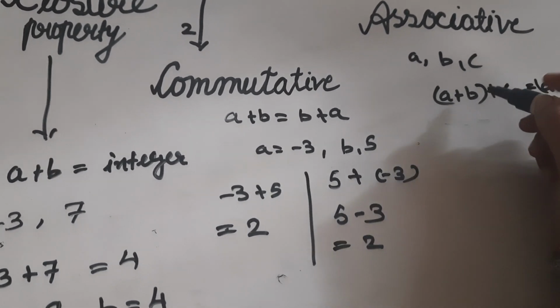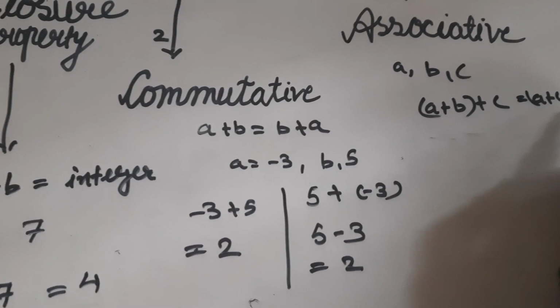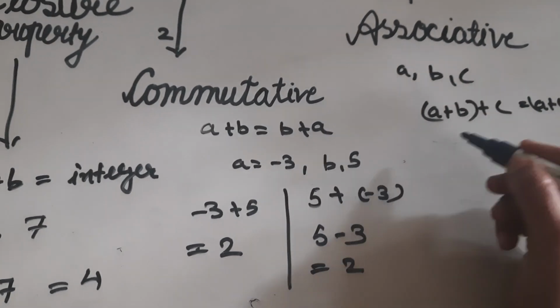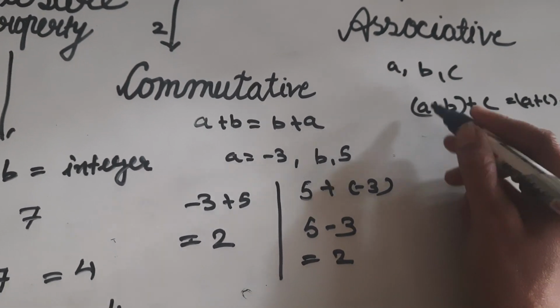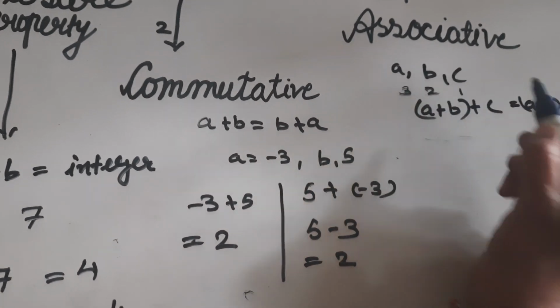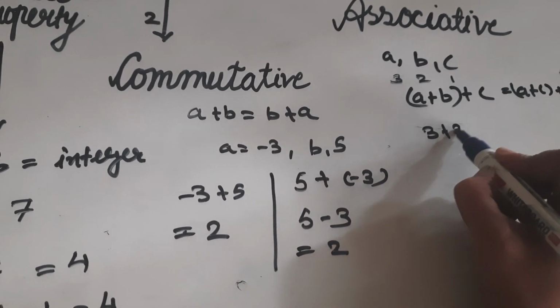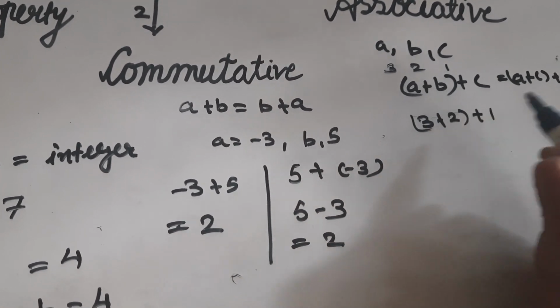We can take any two numbers together and then add the third one to them. Let's take an example, a, b and c, 3 numbers, 3, 2 and 1. So a is equal to 3, b is equal to 2 and c is equal to 1.